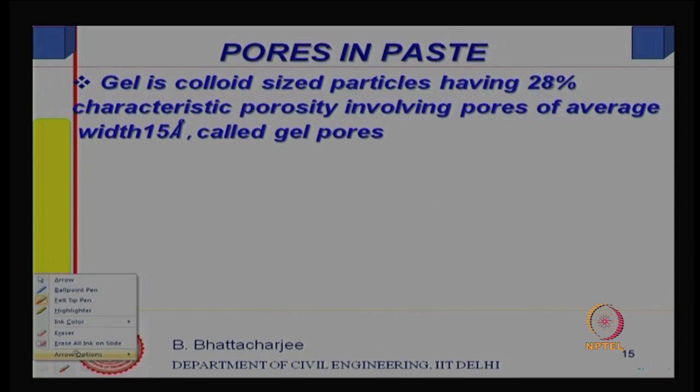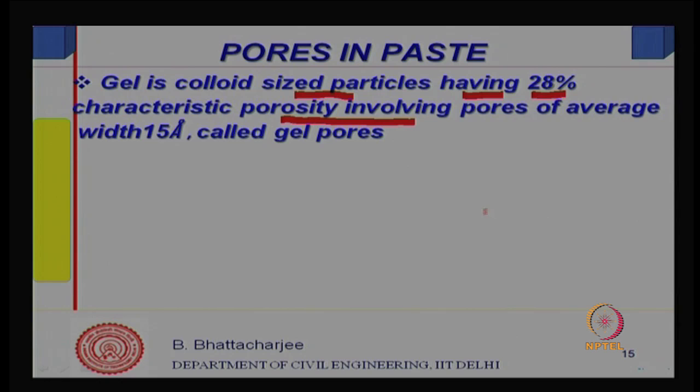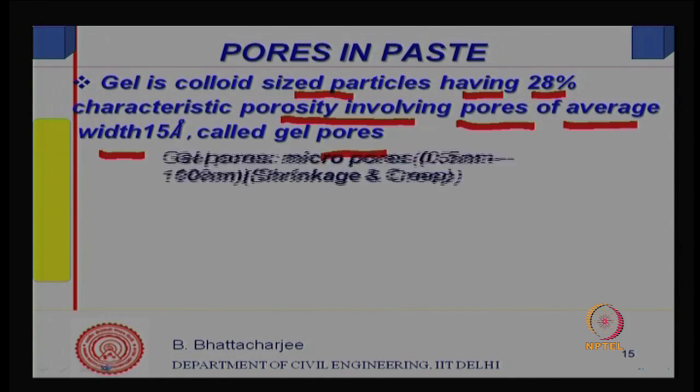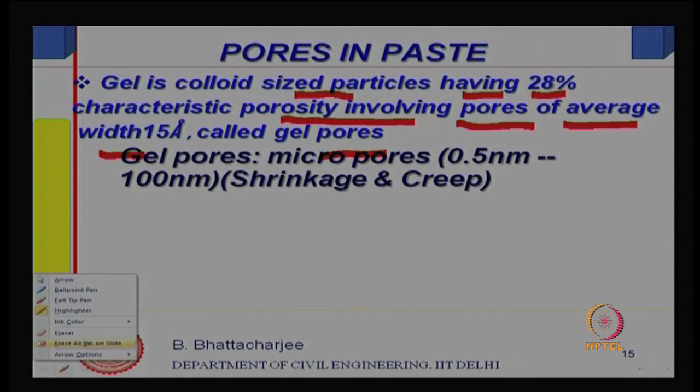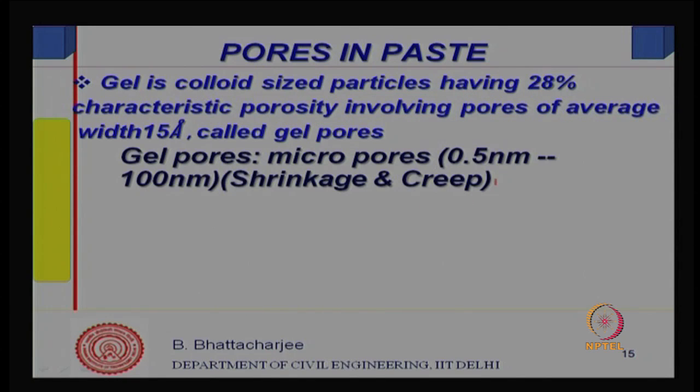Gel, as we have explained earlier, is colloid sized particles having 28% characteristic porosity, involving pores of average width of 15 angstrom, and these are gel pores. They are micropores, or you can even say nanopores, 0.5 nanometer to 100 nanometer in size.